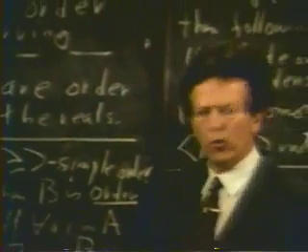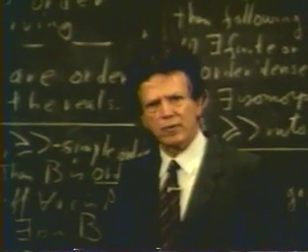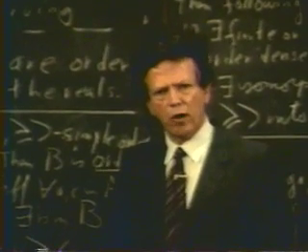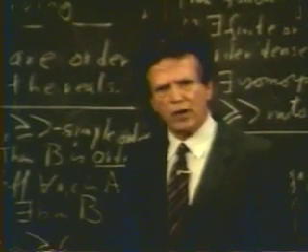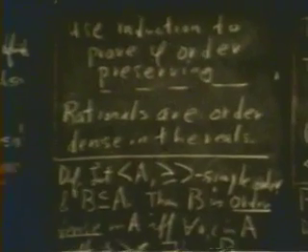If we now impose that order-dense property of the rationals, we will get a necessary and sufficient condition for numerical representation of the order. And let's look at the definition of order-dense in a general way.